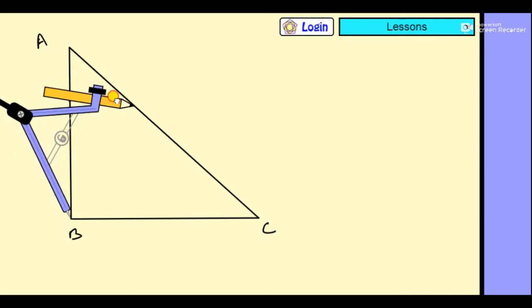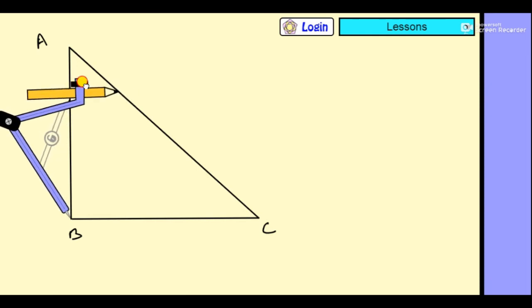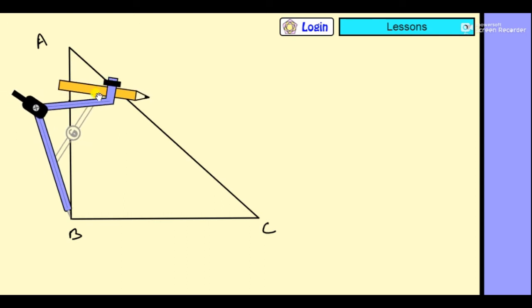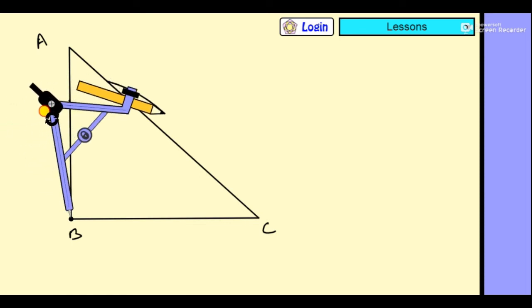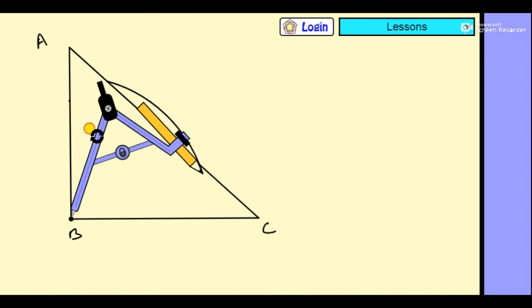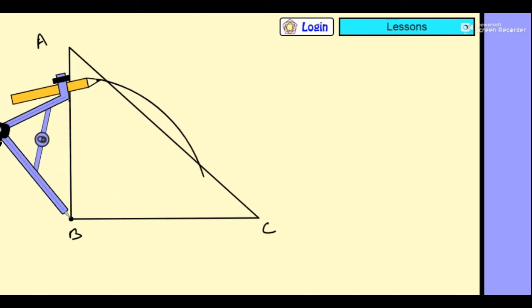Take this one, take just a little more. Now draw a line like this. Yes, like this, you can draw this line.